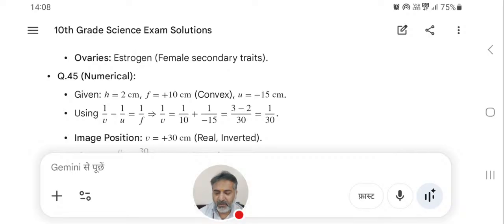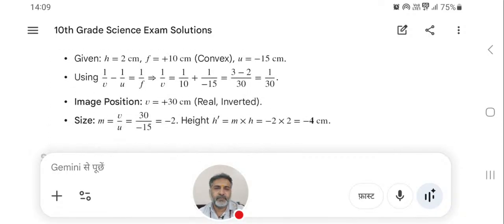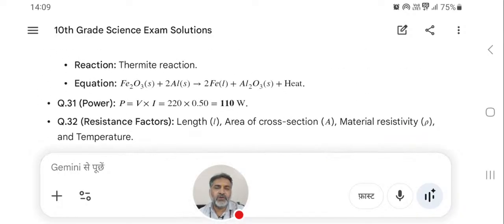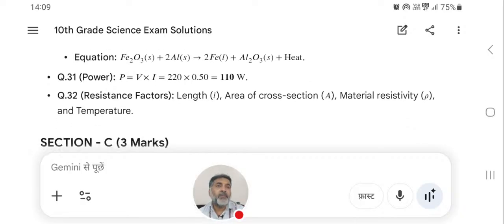What is the power of a lens, and write the formula of power of a lens. Power of lens P is equal to 1/f.